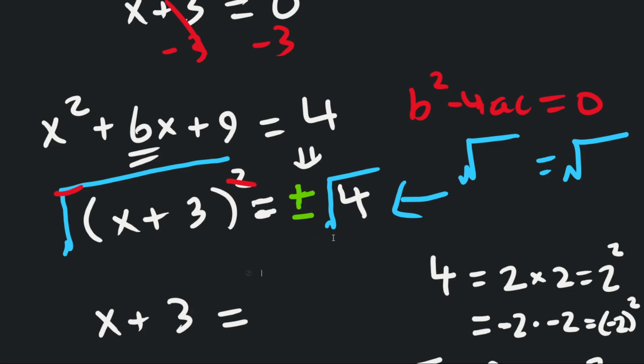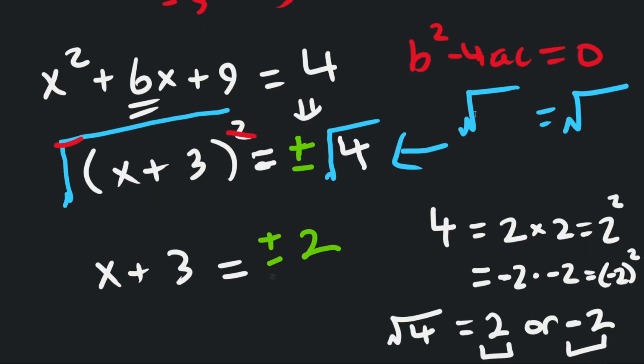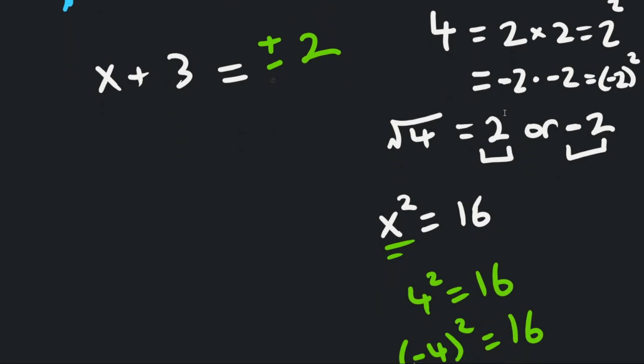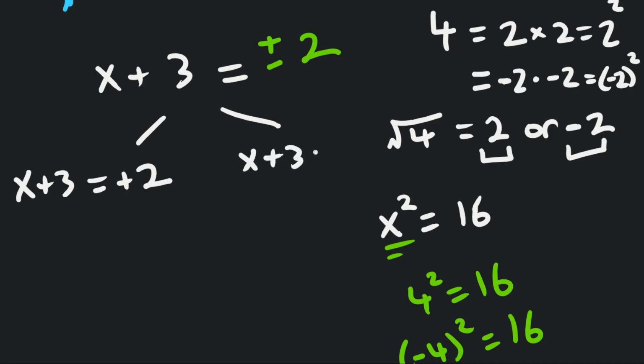Okay, so we have this plus minus symbol, and what is radical 4? Radical 4 comes out to 2. So we have plus minus 2. We have x plus 3 equals plus minus 2. And now we actually have to break this up into two separate equations. So we have x plus 3 equals positive 2, and x plus 3 equals negative 2.